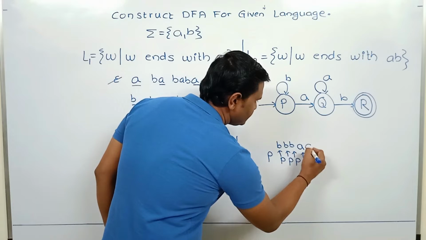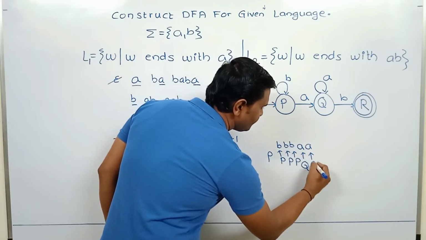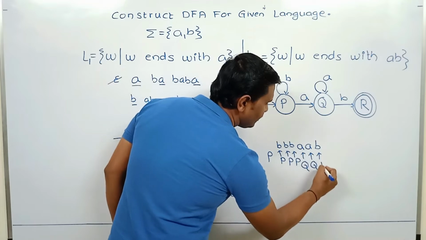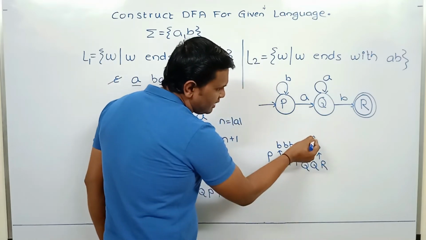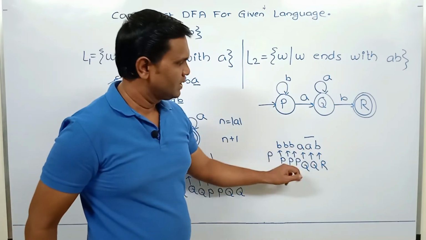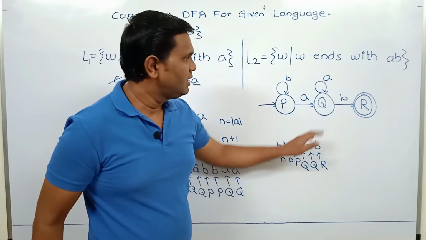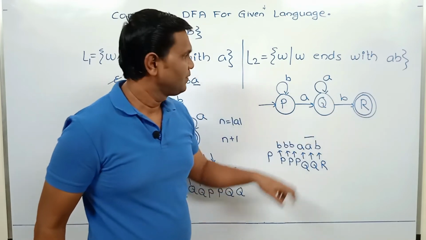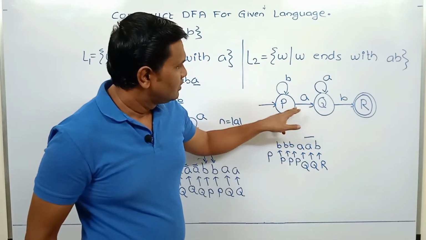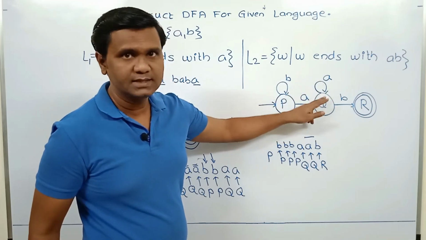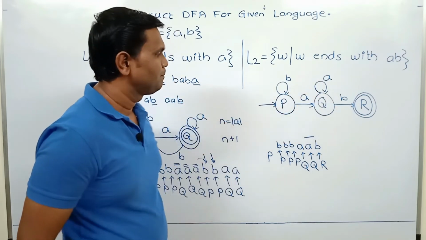So if A comes, we remain in Q. Now if B comes, we go to R. So here the last two symbols are AB, and the string processing must be in a final state. For that reason, on first A we go to Q, on the next edge we remain in Q itself.